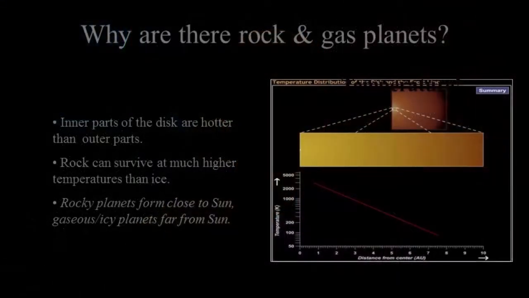And as a result, as these particles start to stick together, any gaseous icy particles are eventually going to be vaporized by the heat of our young sun. And so as a result, rocky planets, rocky objects form inside a certain distance from the sun. Gaseous icy particles predominate outside that distance. That particular distance is called the frost line.